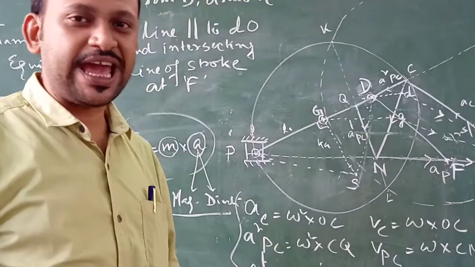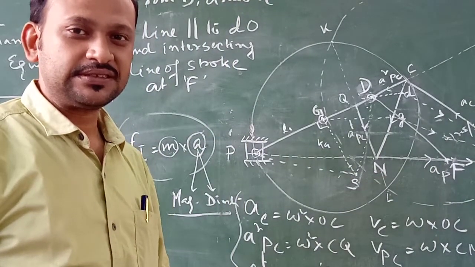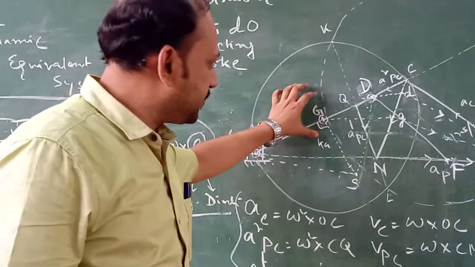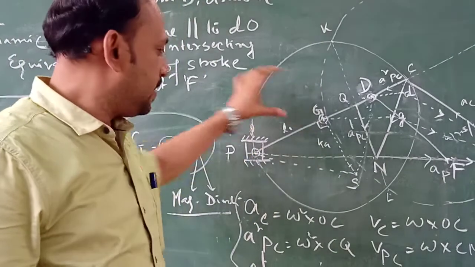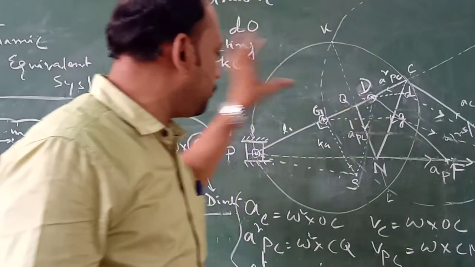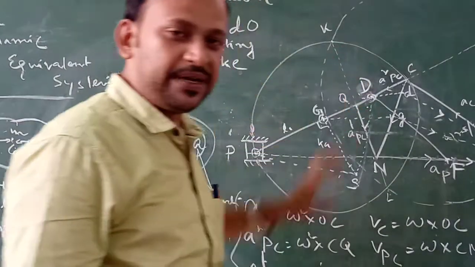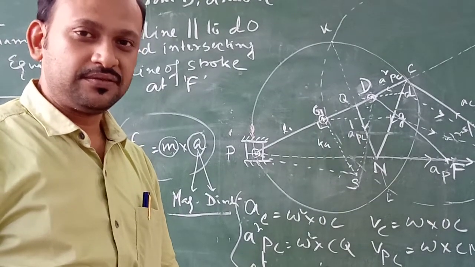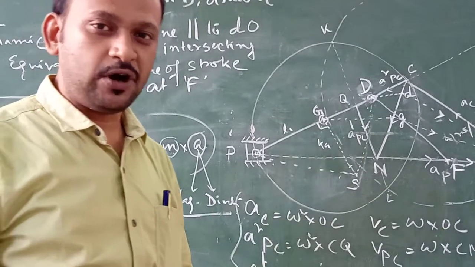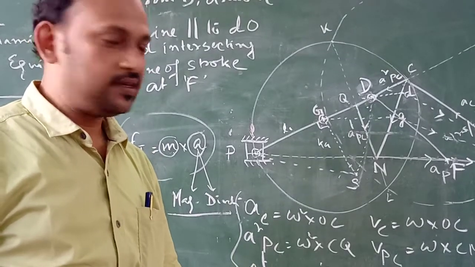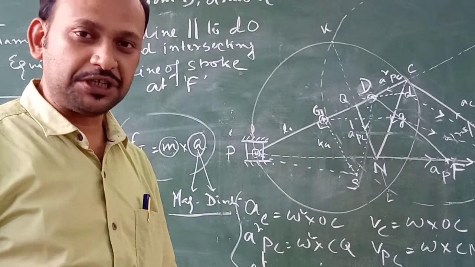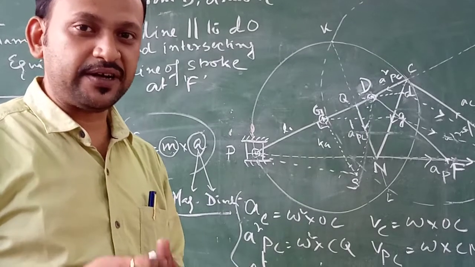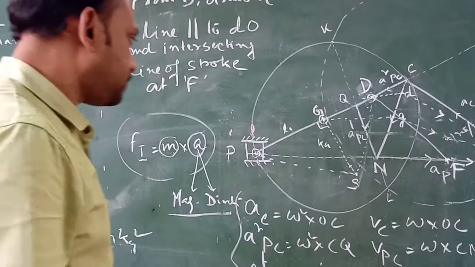So what is this F actually? This is the main mass G, divided separately into two masses P and capital D. Now both of them will have their own function. P will be responsible for translational motion, D will be responsible for rotational motion. Now let us see the effect of both these masses separately.